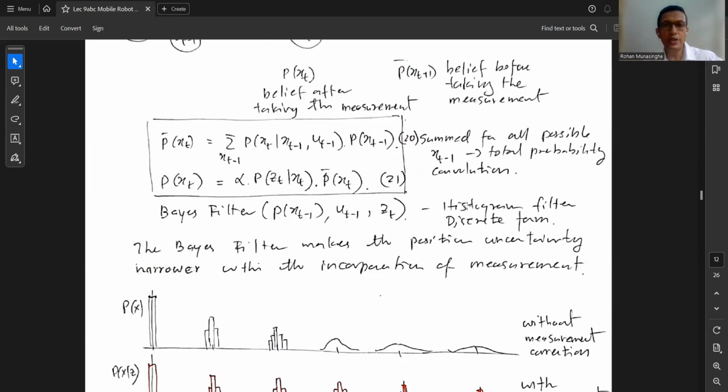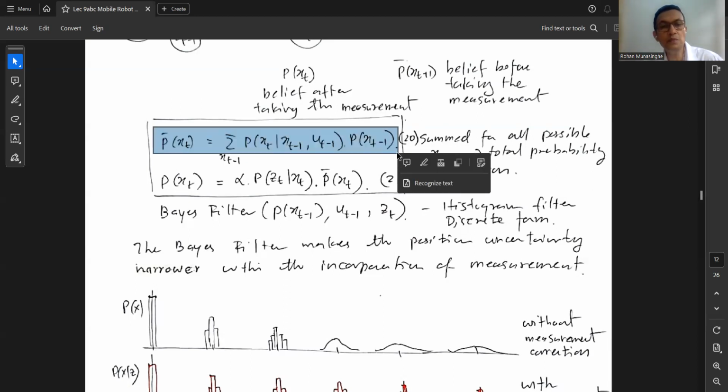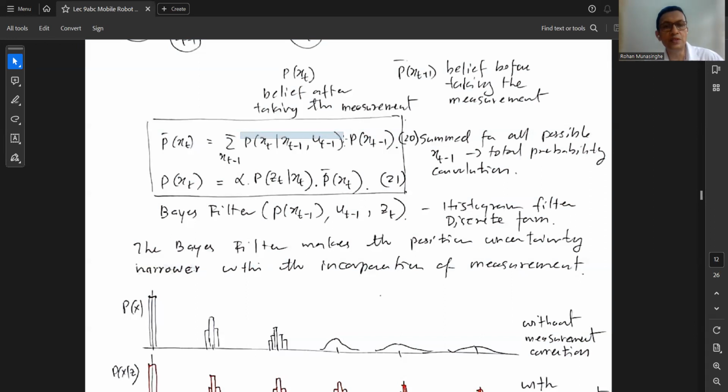Now look at these two equations, 20 and 21. What do you see? This is P bar(x_t). You have P(x_t-1), the previous probability distribution function. And then in front of that, the state transition: the probability of x_t given x_t-1, that is the previous state, and u_t-1, that is the control signal. This is primarily the state transition.